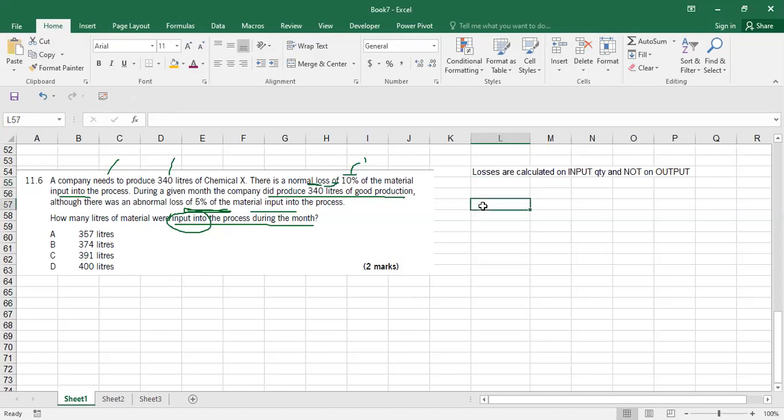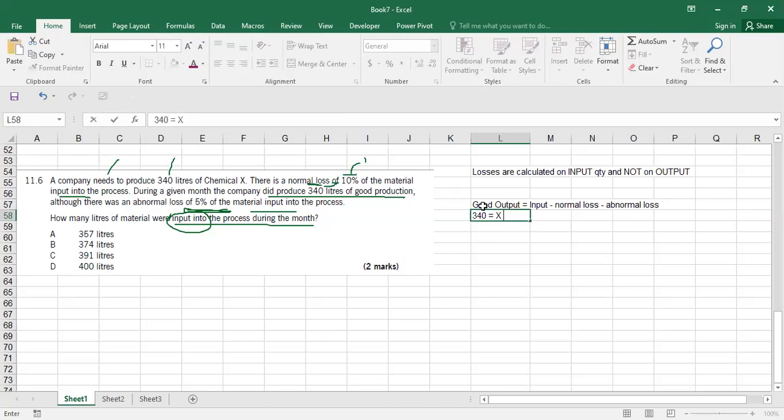So we have here our good output. We can say that our good output is equal to input minus normal loss minus abnormal loss. Your good output is 340. Input is how much? You do not know.